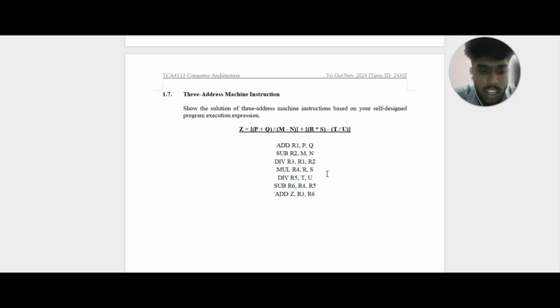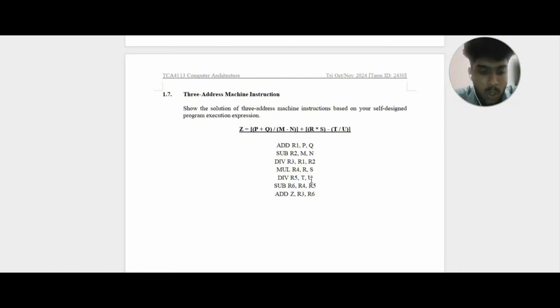Next, compute the right hand side. Multiply R4, R, S, divide R5, T, U, which means divide T by U and store the result in R5. Then sub R6, R4, R5, subtract R5 from R4 and store the result in R6.